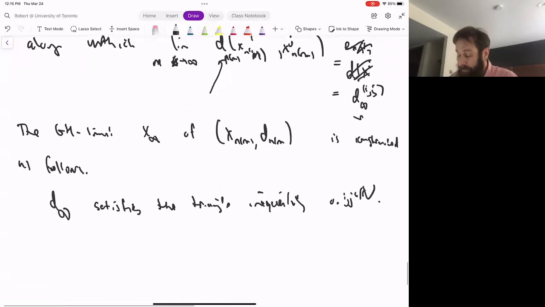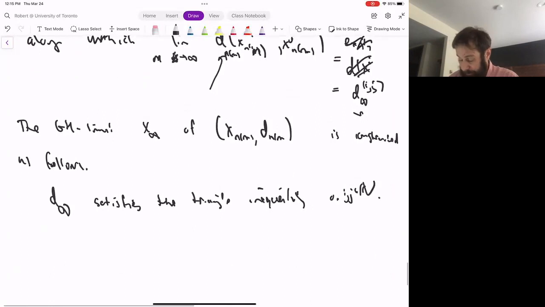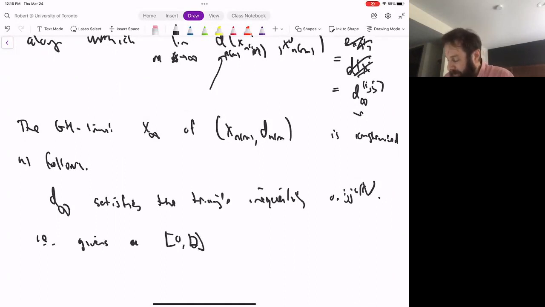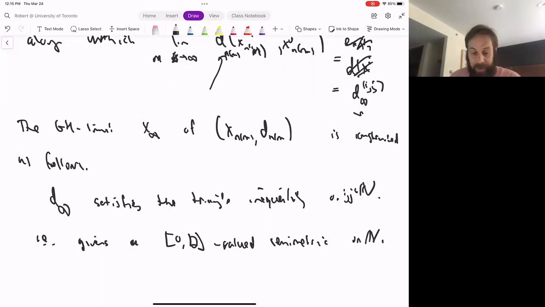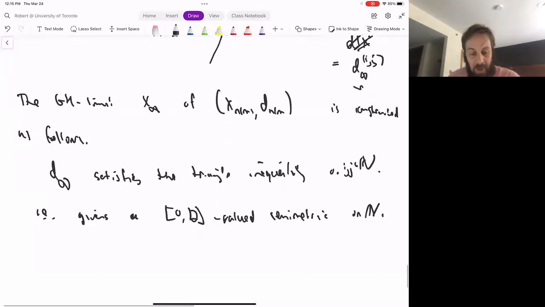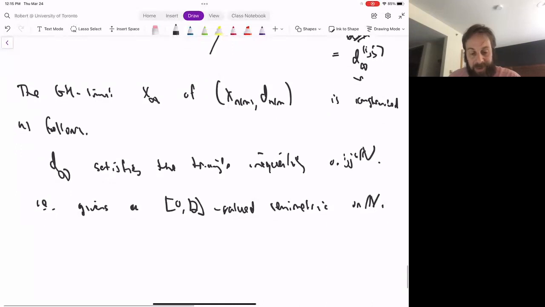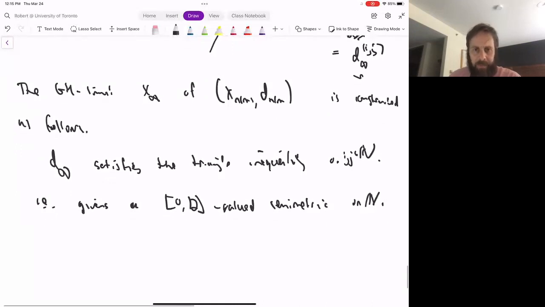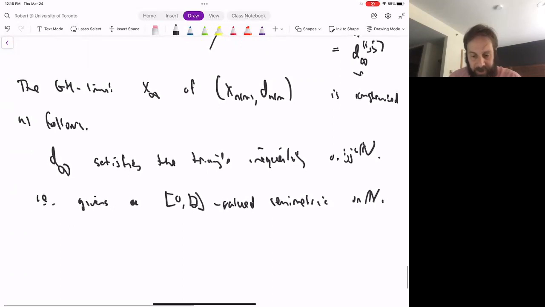And so it's symmetric, i.e., it gives a 0-to-D valued semi-metric on N. And so you basically can quotient out by any integers which are at distance 0 from each other.